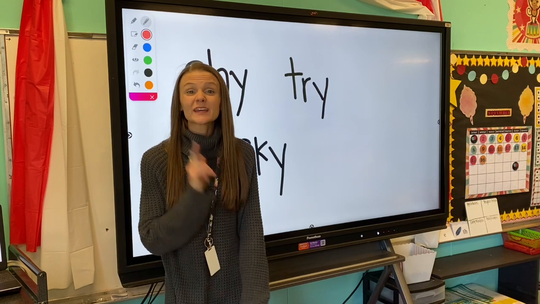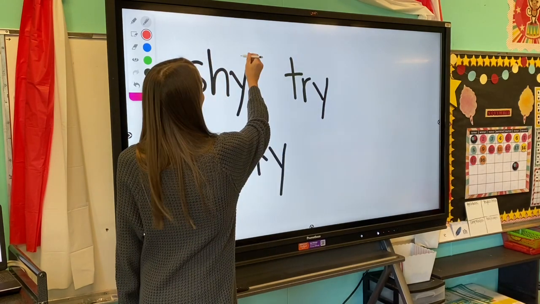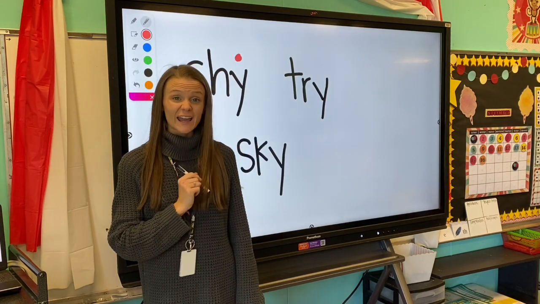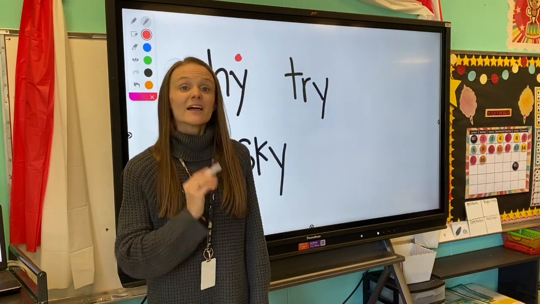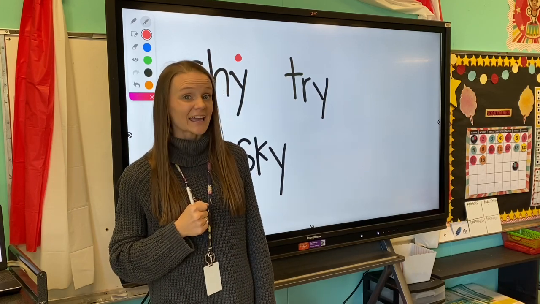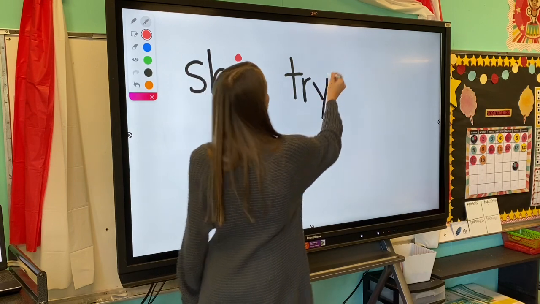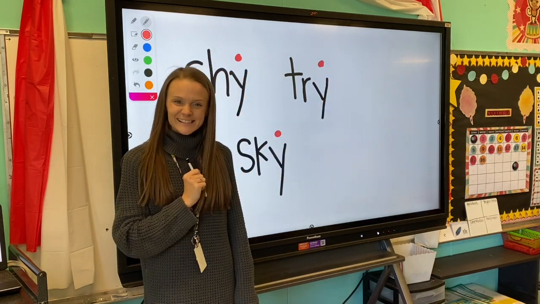So the way that we code this new spelling rule is by putting a dot on top of our Y. Because we normally write I with a dot on top, this helps us remember that Y is making the I sound. So I'm going to put a dot on top of each of my Y's. Excellent!